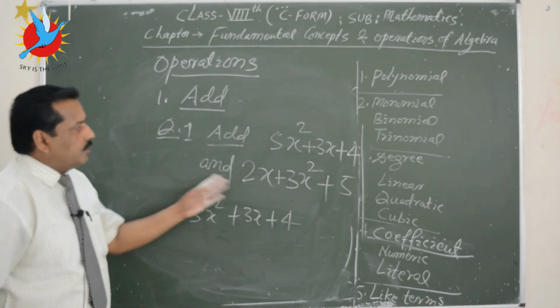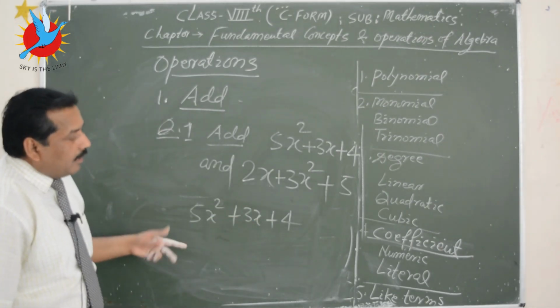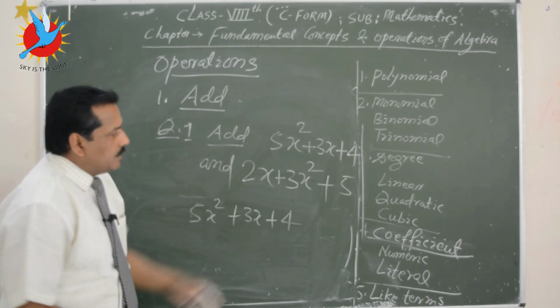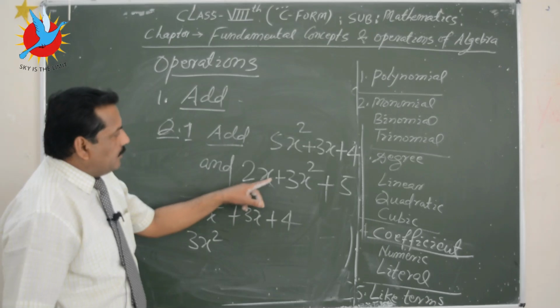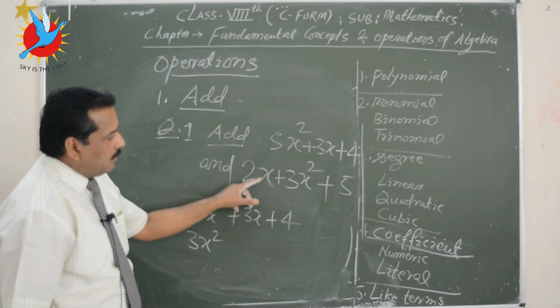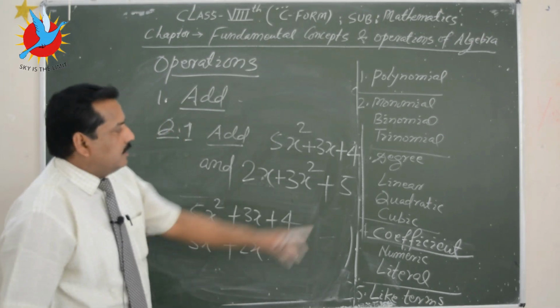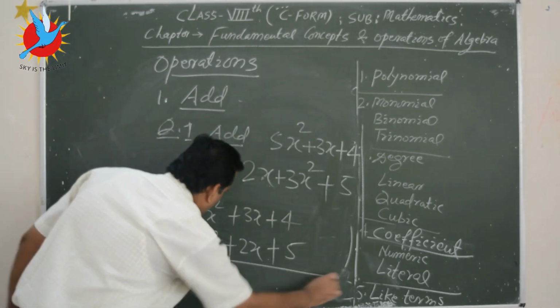This order is not the same. Pick up the like term. The like term for this x square is 3x square. So take this 3x square and then this is the x term, so plus 2x, and this is the last term, the constant, and we have to add.